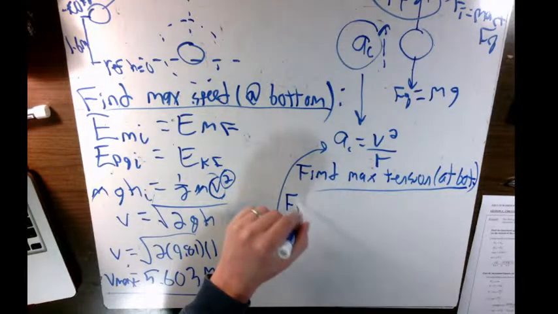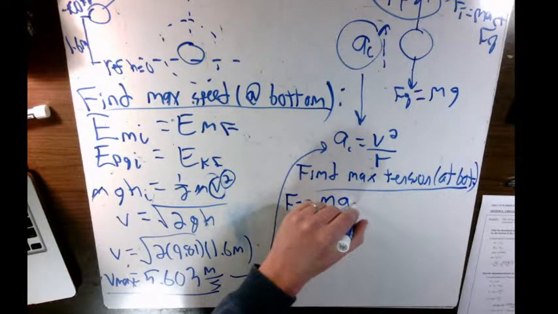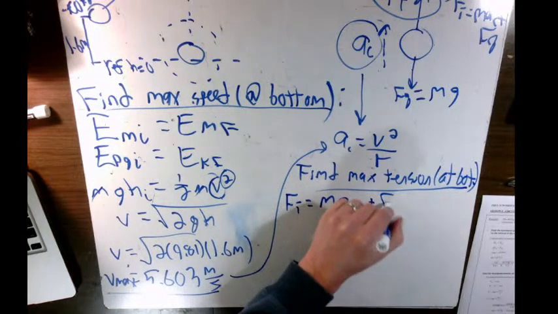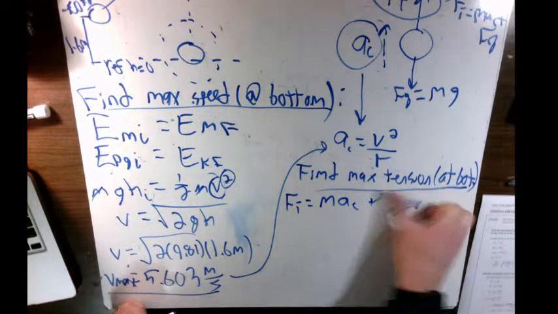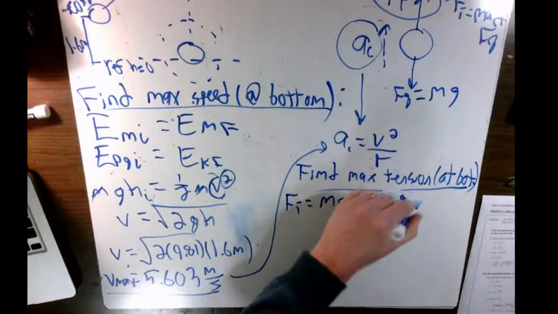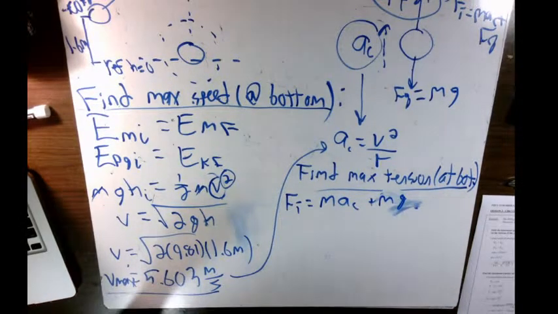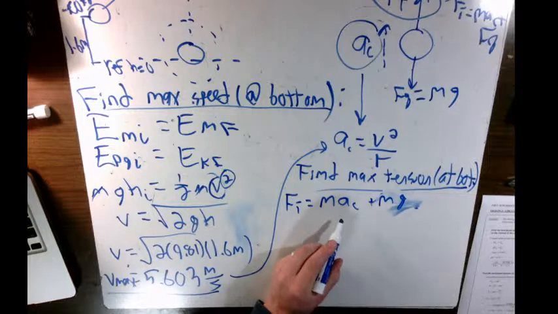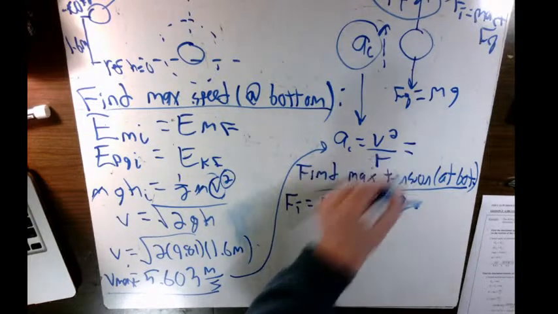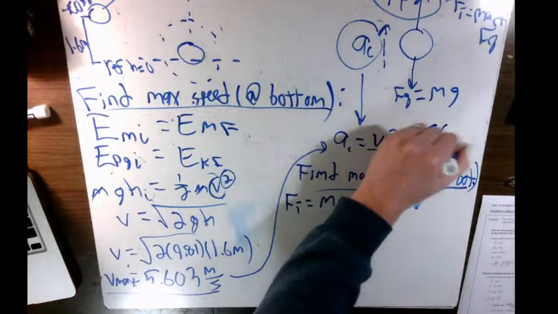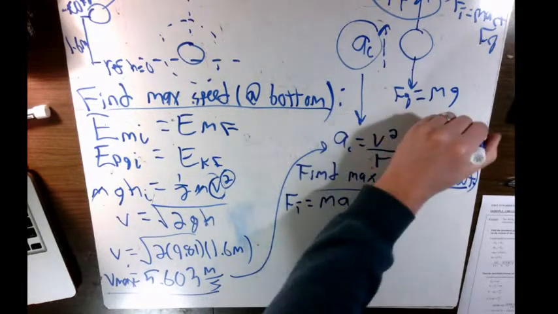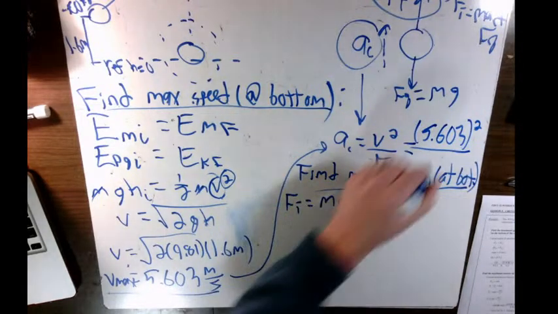Force of tension is equal to mass times centripetal acceleration plus the force of gravity, that would be mg. Solving for centripetal acceleration, I may as well do it here because I'm running out of room. Centripetal acceleration is equal to 5.603 squared divided by the radius, which was 3.4 meters.